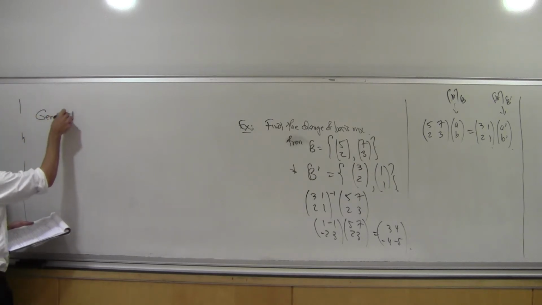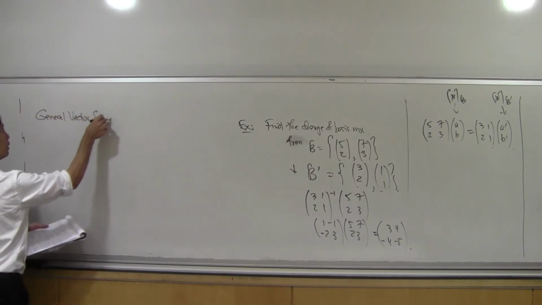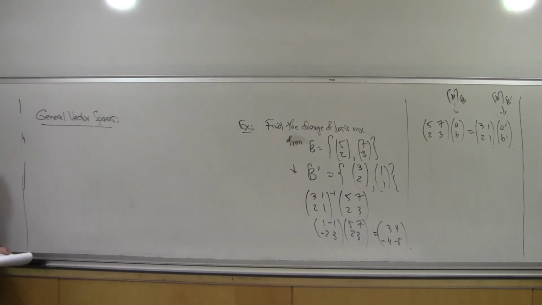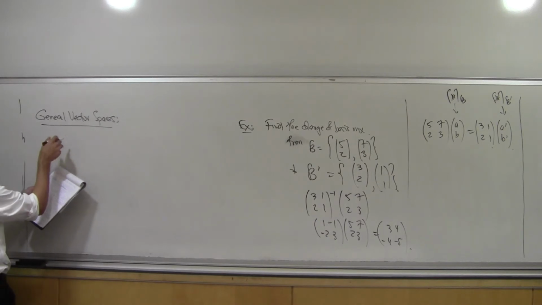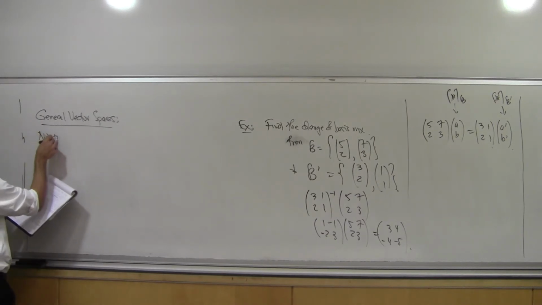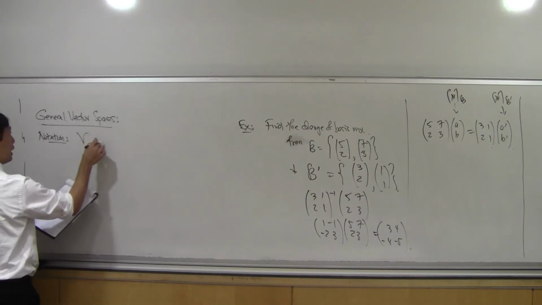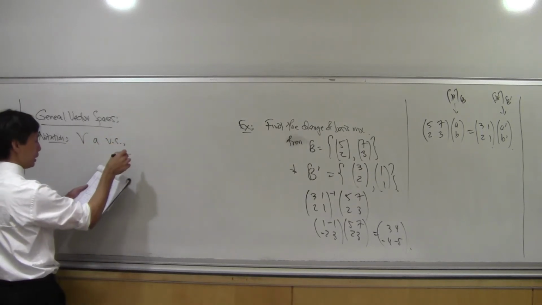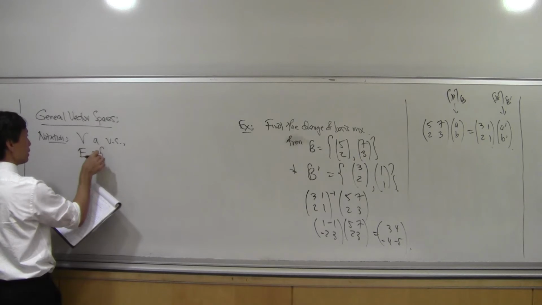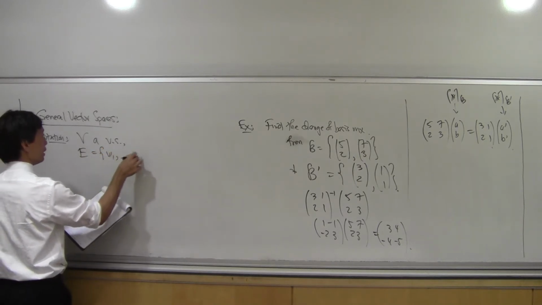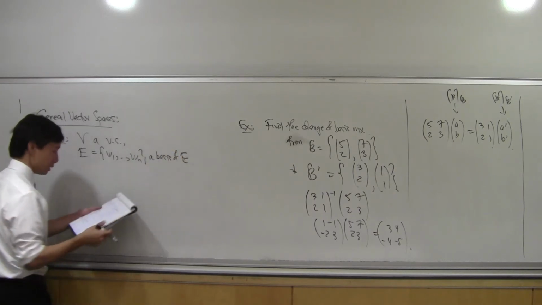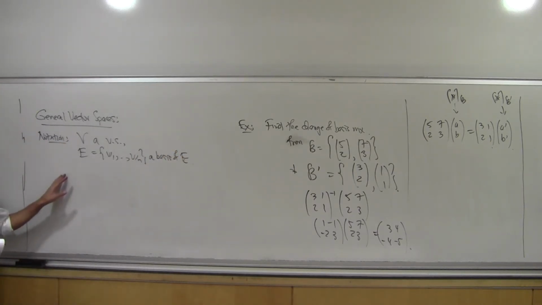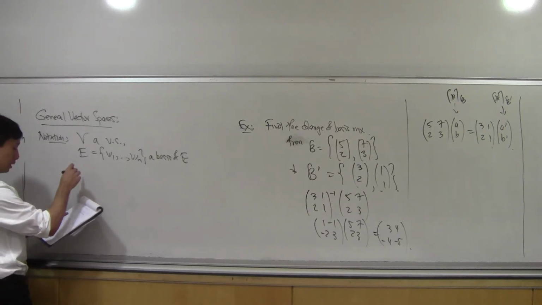General vector spaces. So what happens in the abstract case? It's the same sort of thing. In V, an abstract vector space, you have some basis V1 through Vn. And so you have the coordinate vector.